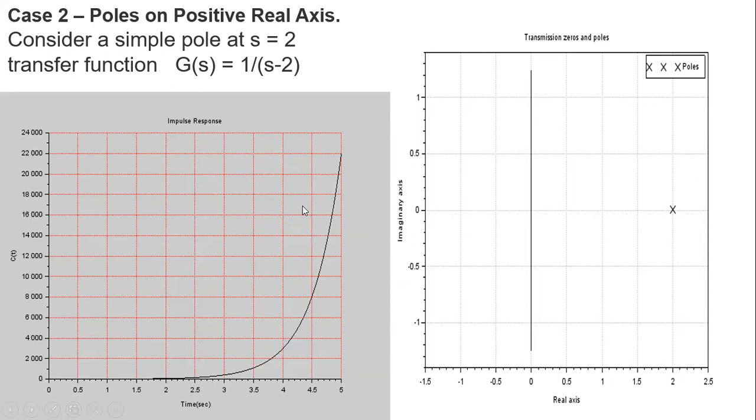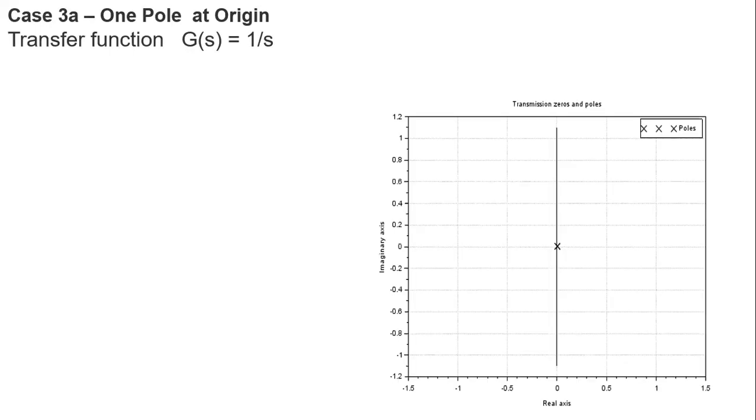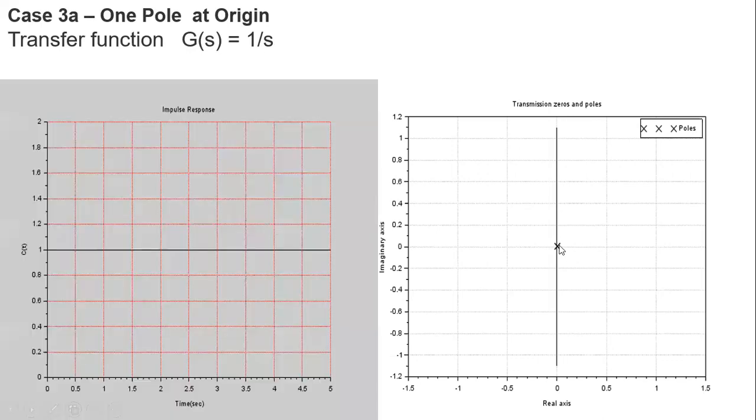Then the pole at the origin: G(s) = 1/s, and you have it at the origin, at the center. In this case, the impulse response is a straight line. The impulse response stays constant at 1 as time progresses. If the response slightly decreases with time, it eventually settles at 0 and the system is called stable.